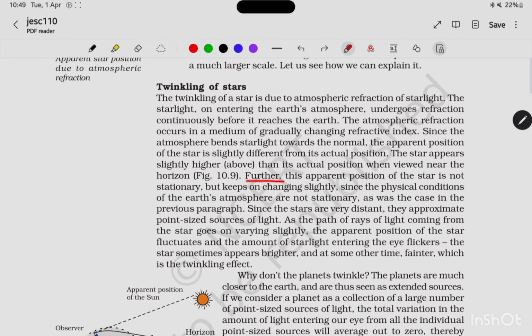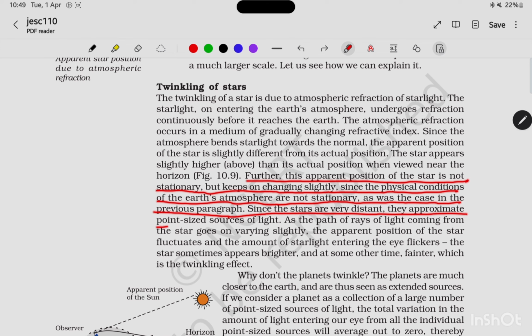Further, this apparent position of the star is not stationary. It keeps on changing slightly, since the physical conditions of the Earth's atmosphere are not stationary. Since the stars are very distant, they are approximately point-sized sources of light.